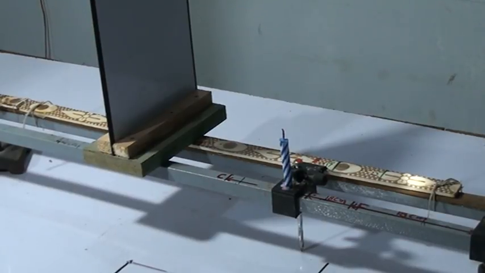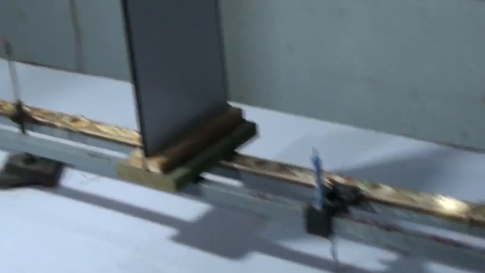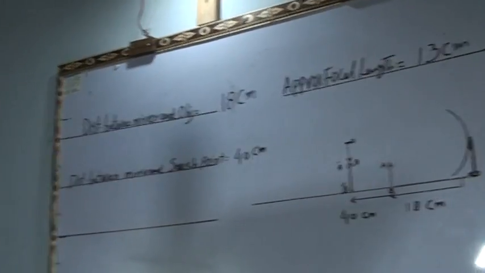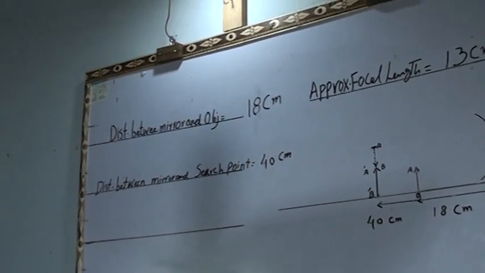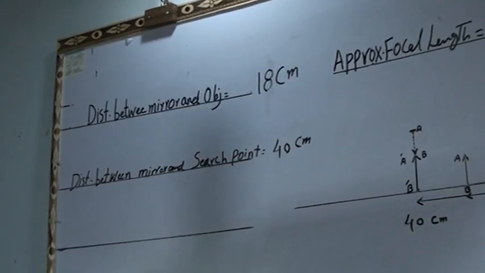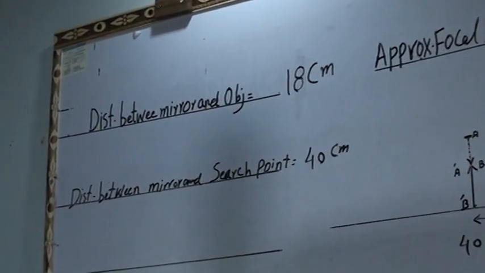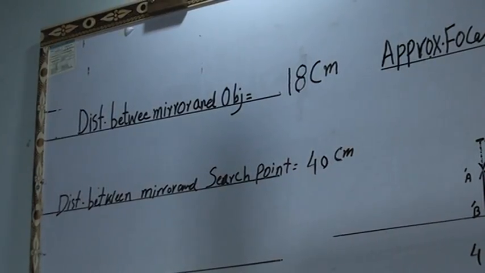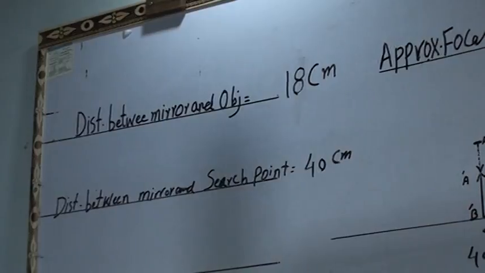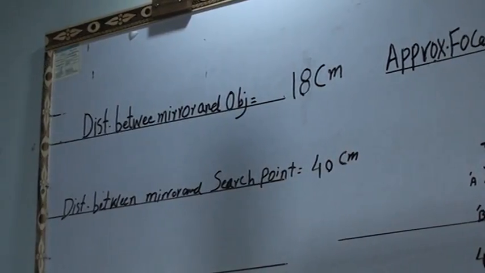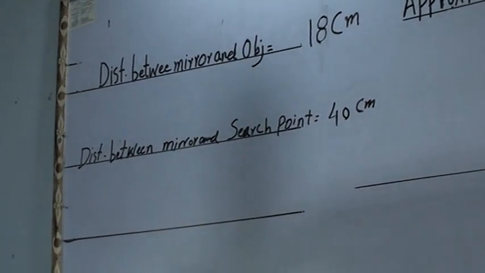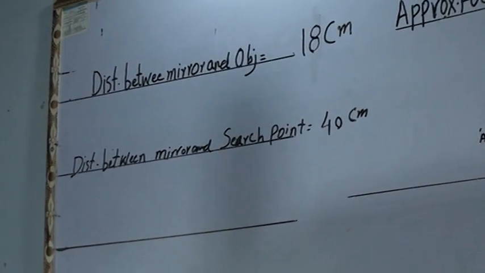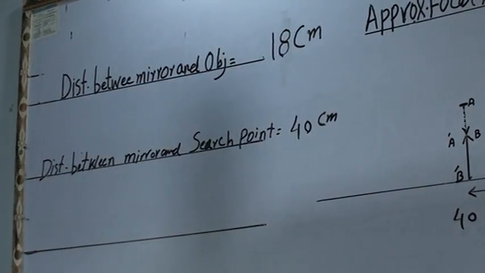So let us see the observations which are to be noted. You can see the distance between mirror and object, that is 18 centimeter, and the distance between mirror and search point, that is 40 centimeter.